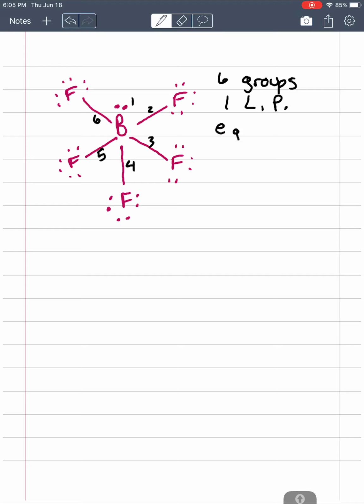So the electron geometry is octahedral. And the molecular geometry is square pyramidal.